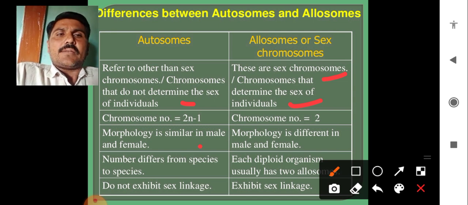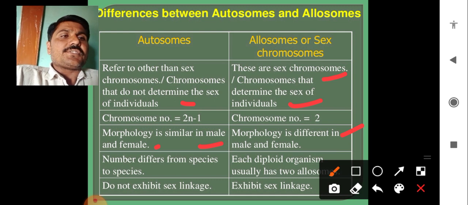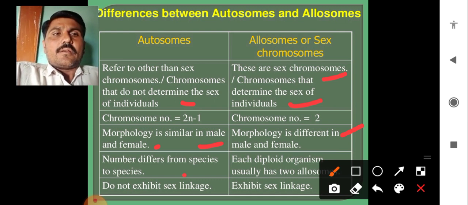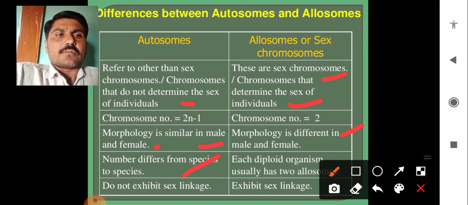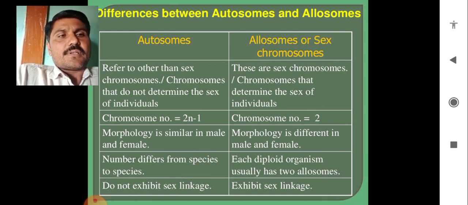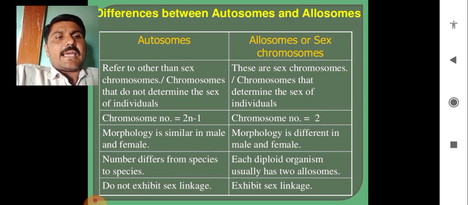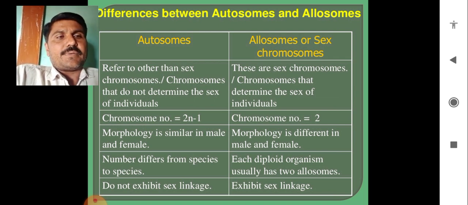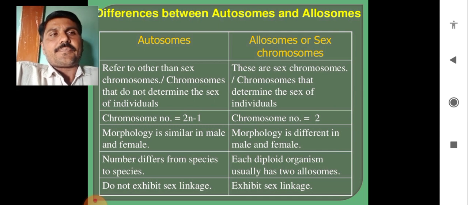Morphology is similar in male and female for autosomes. Morphology is different in male and female for allosomes. Number differs from species to species. Each diploid organism usually has two allosomes. Autosomes do not exhibit sex linkage, while allosomes exhibit sex linkage.